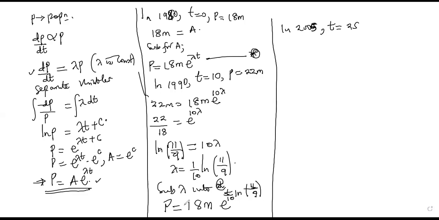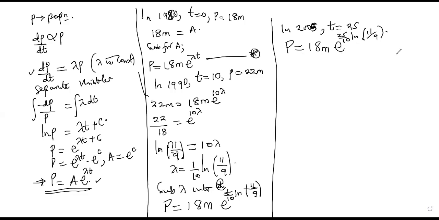I get the population. So the population would be 18m e^(25/10 ln 11/9). Now here, be careful with the calculator so that it doesn't disappoint you. On the calculator, there is no m. So first evaluate e to the power.